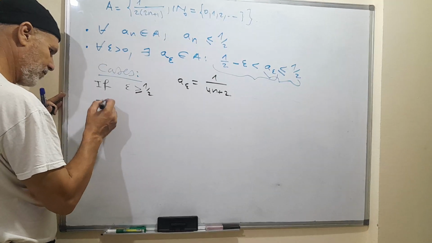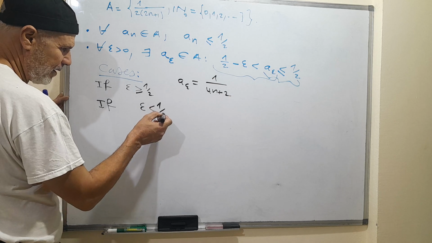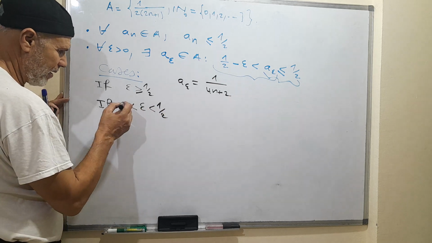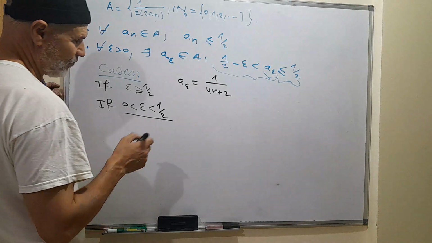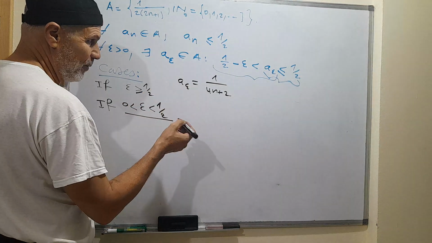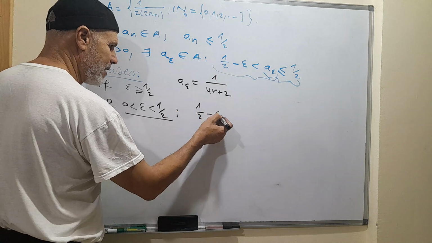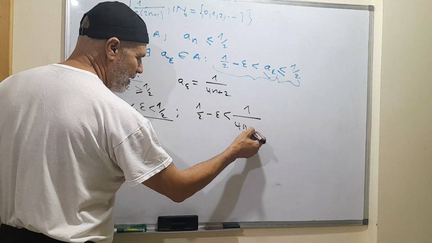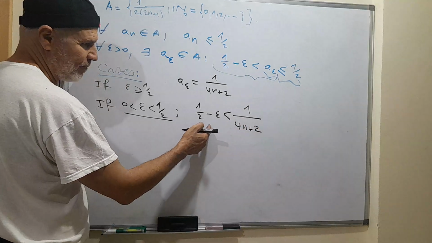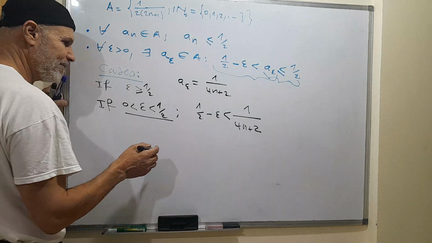If epsilon is less than 1/2 and greater than 0, we can deal with this case. 1/2 minus epsilon less than what? Less than 1/(4n plus 2). This is true. So we start from this point.